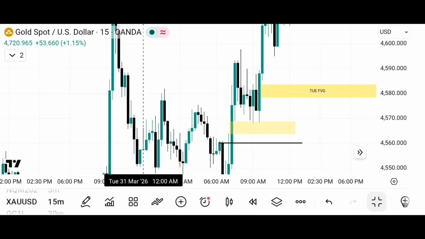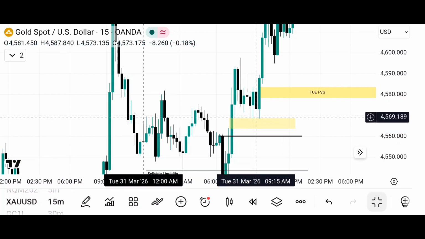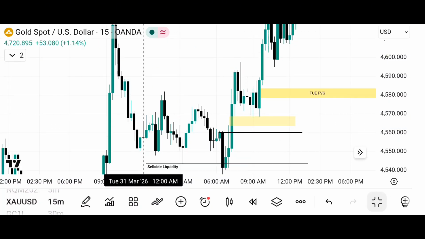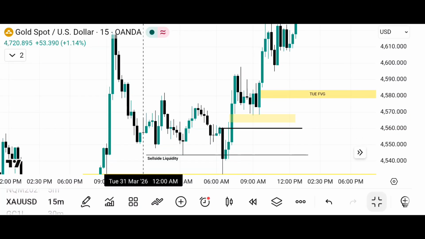So like I was saying, apart from the fair value gap, which you can use as an entry point for this trade, you can also use your breaker as a point of entry. For those of you who do not know about the breaker, I've made a video particularly for the breaker.